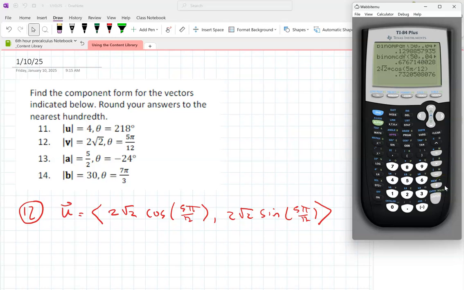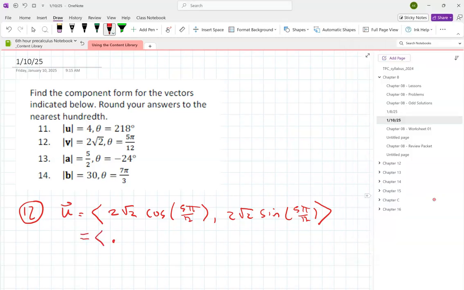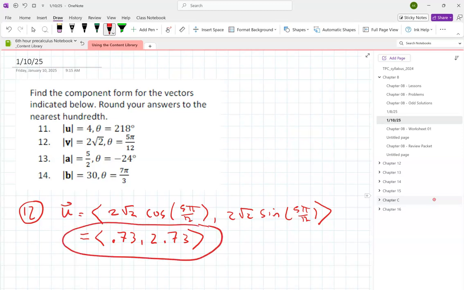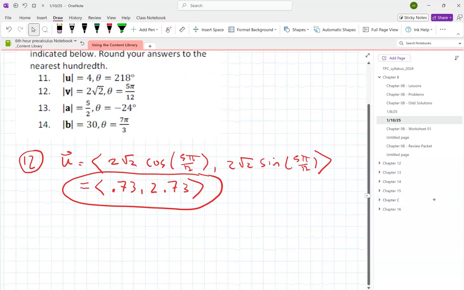So that's my value for the x component. Then I'll just change the cosine to a sine. So that's the value for my y component. So 0.73, comma, 2.73. And that ought to do it for us. Mara, does that feel good?